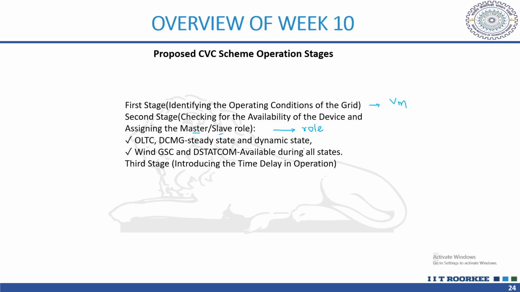So basically, for the steady state and dynamic state conditions, we'll be utilizing the OLTC and DC microgrid. While the wind and STATCOM are available for all three states: the steady state, dynamic state, as well as transient state.